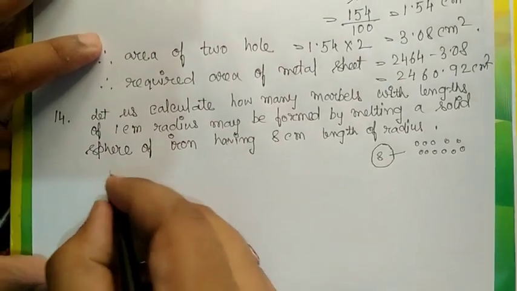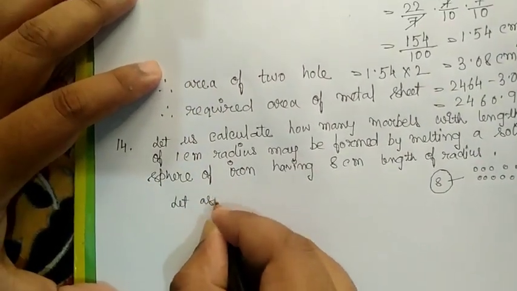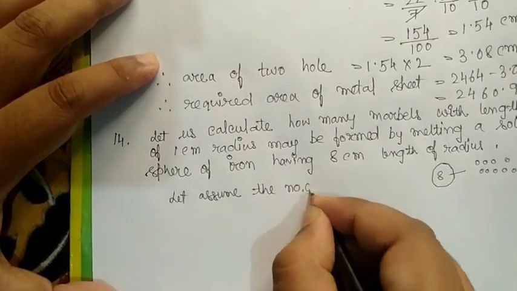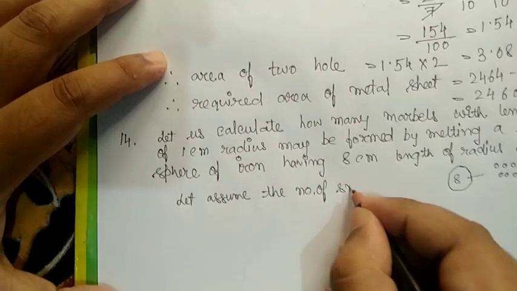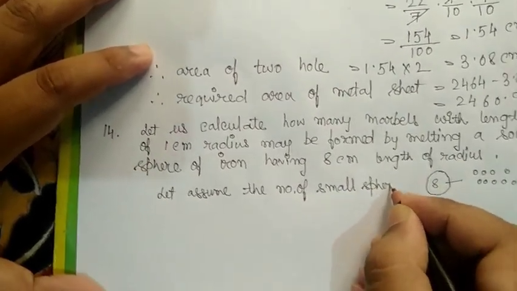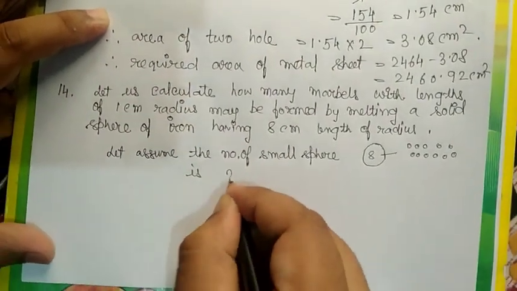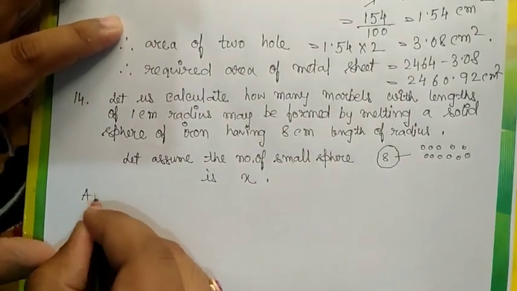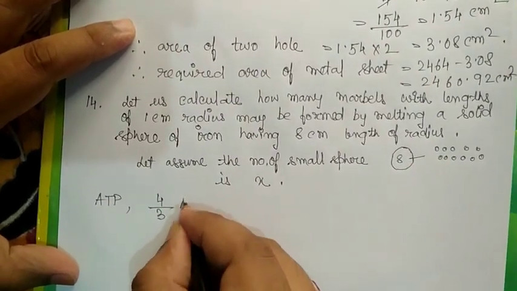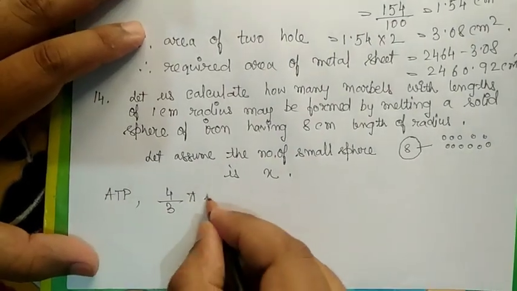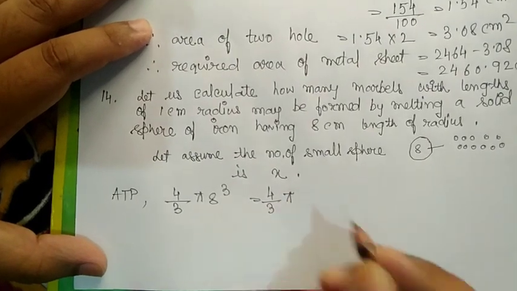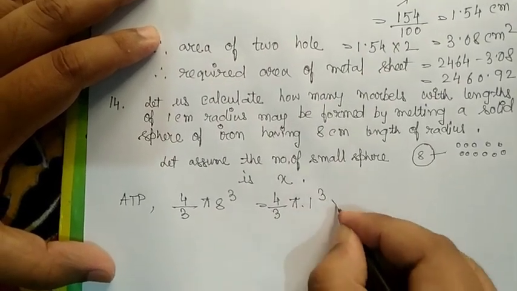So first let us assume the number of small spheres is x. So according to the problem, the volume 4 by 3 pi r cube means 8 cube equal to 4 by 3 pi 1 cube into x.